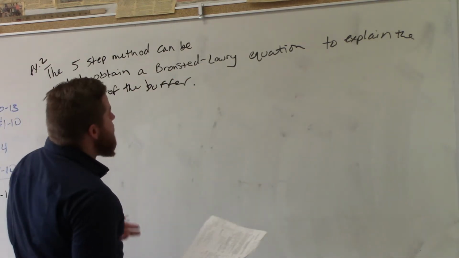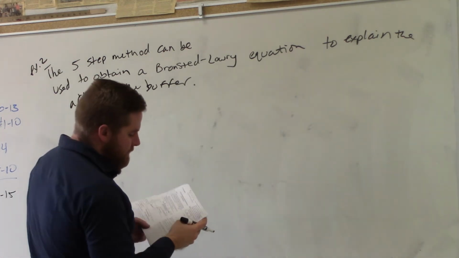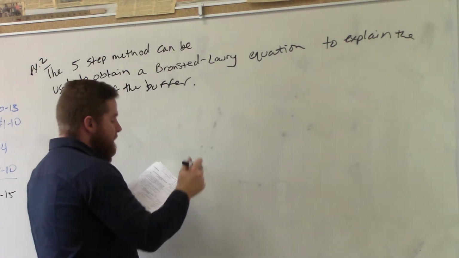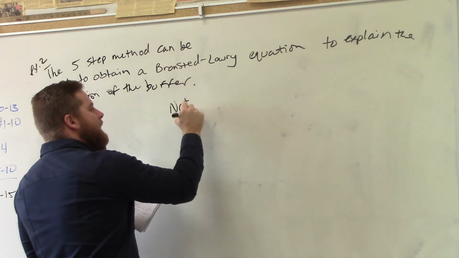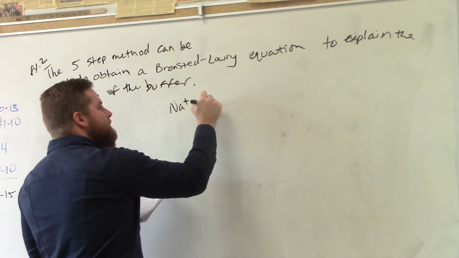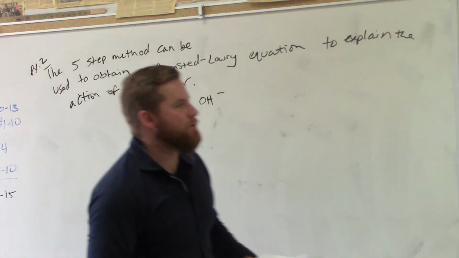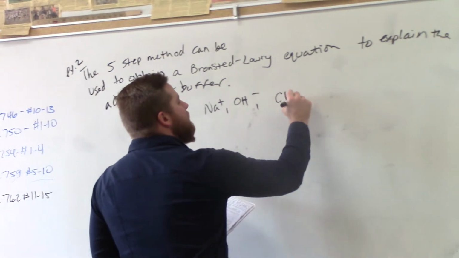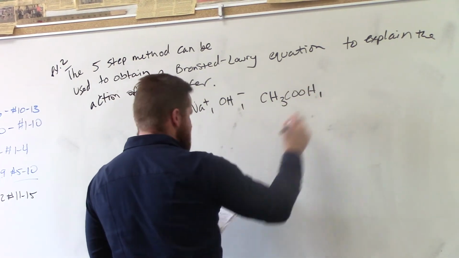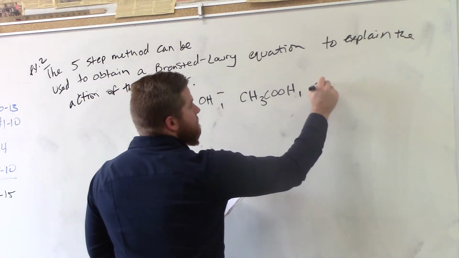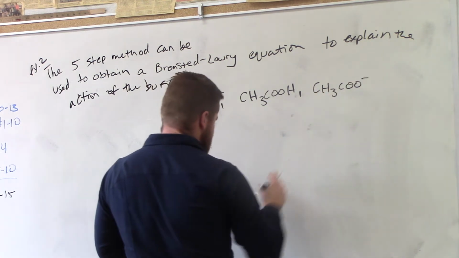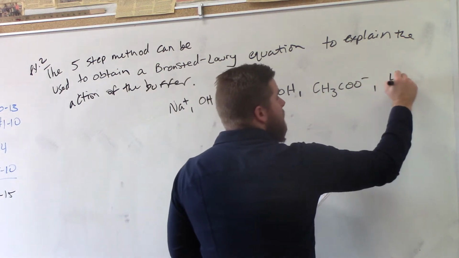Okay, so let's say we have these entities in solution. We have, again, this is Na+. So I'm going to use the same entities from the titration curve. Okay, so at some point along this titration, we have these entities that will be present. And H2O.